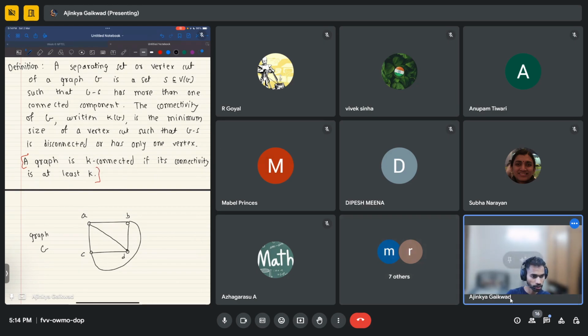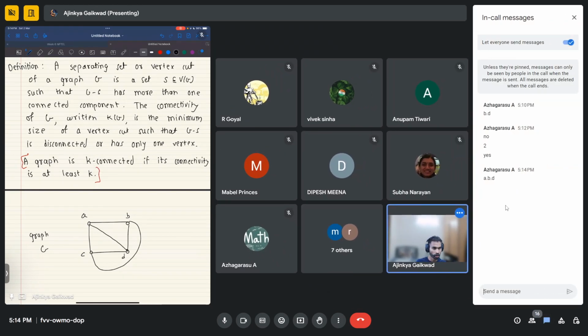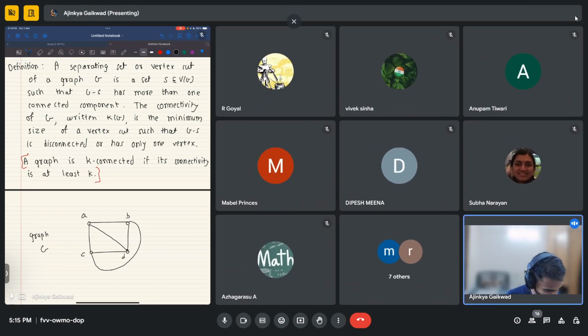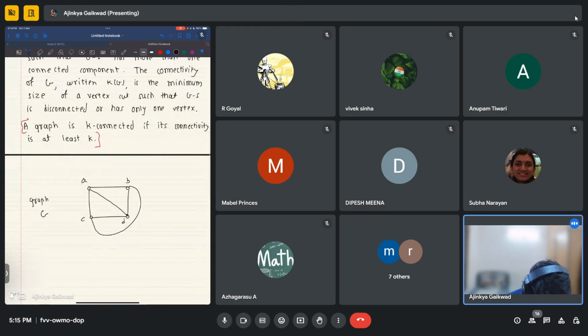I think somebody wrote it in the chat: A, B, and D. So if I take S as A, B, and D, the graph G minus S will be basically just C.